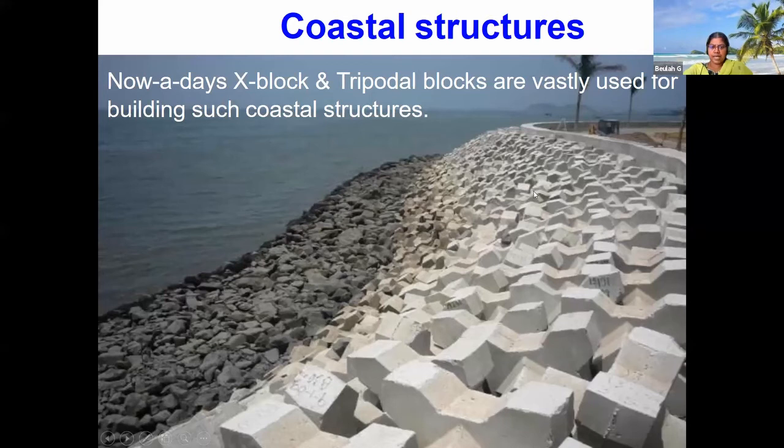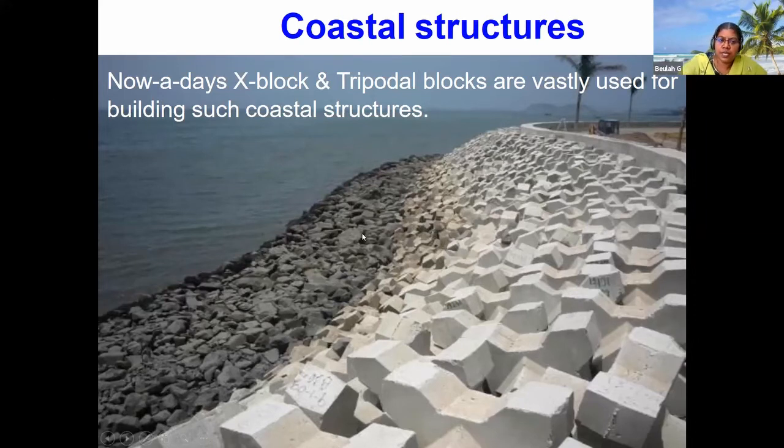You can see they are piled up in the natural rock strata. These rocks are from the locally available region. And these tripodal blocks are artificial concrete blocks, which are piled up like this randomly. They need not be interlocking. They are already a concrete member which is heavy in shape, so they can be just placed as such.